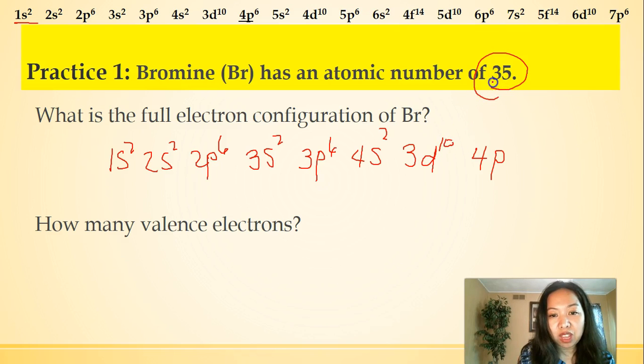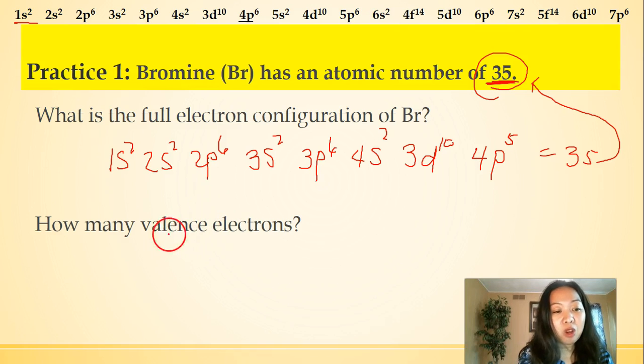We are trying to find 35 electrons. So we're going to count all the superscripts, which are the number of electrons. 2 plus 2 is 4, plus 6 is 10, plus 2 is 12, plus 6 is 18, plus 2 is 20, plus 10 is 30. Then 4p, 5. So that makes it 35 electrons, which is the atomic number of bromine.